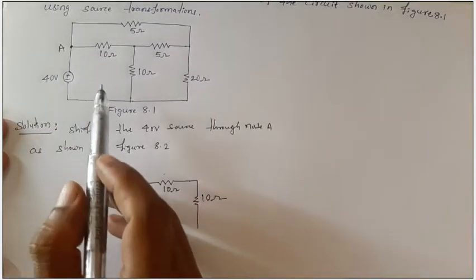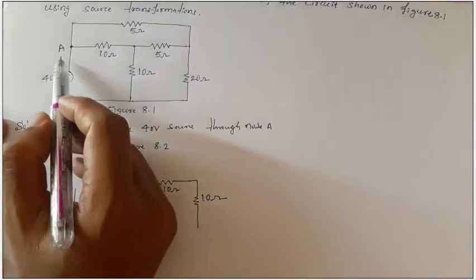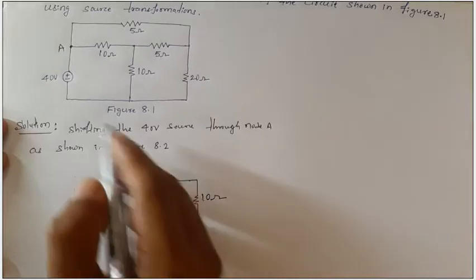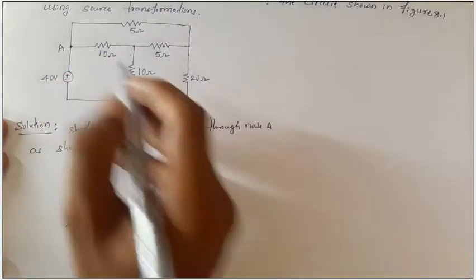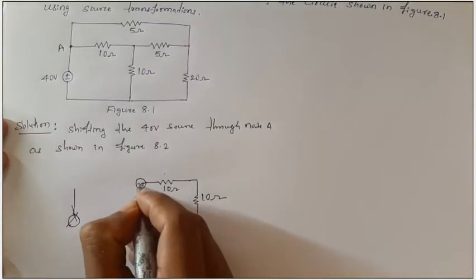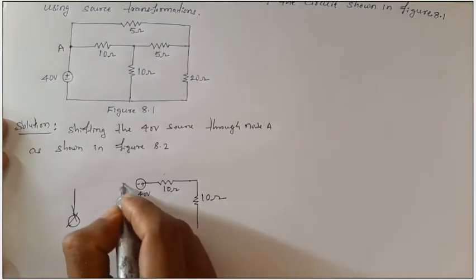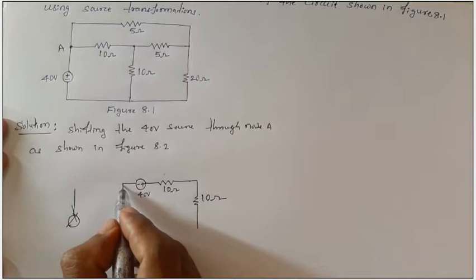Now because I am going to shift this voltage source, one voltage source will be here in series, with positive and negative sign, its value is 40 volts, and it is connected like this.